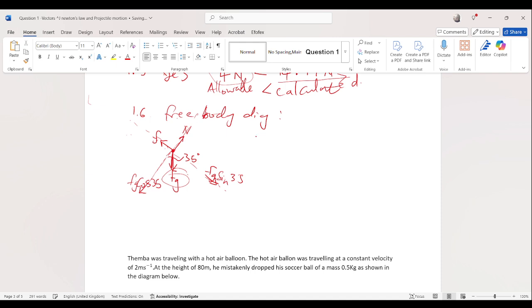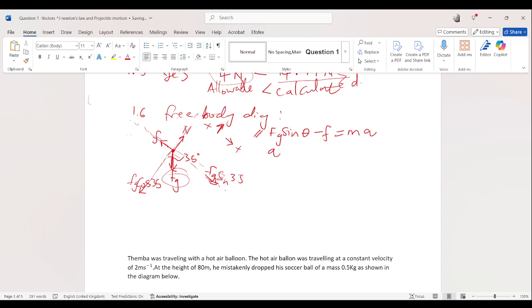Okay, now if we're using Newton's second law, if we are resolving in the parallel direction, this is the parallel direction, if upwards is positive and right is positive also, we'll have Fg sine of theta minus friction equals mass times acceleration.